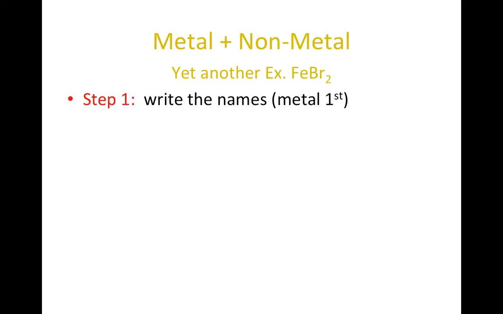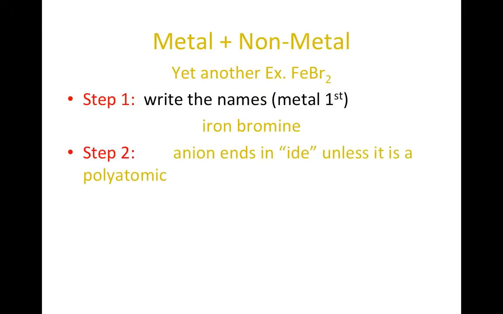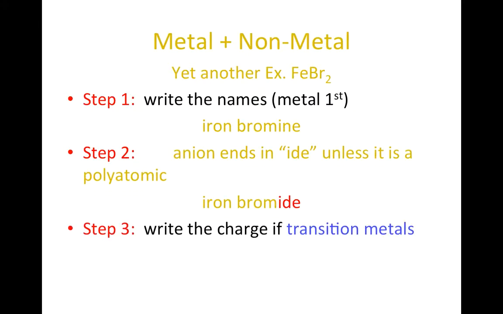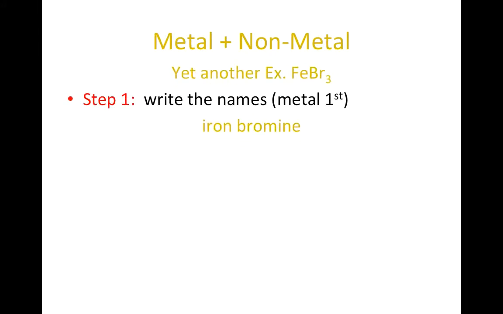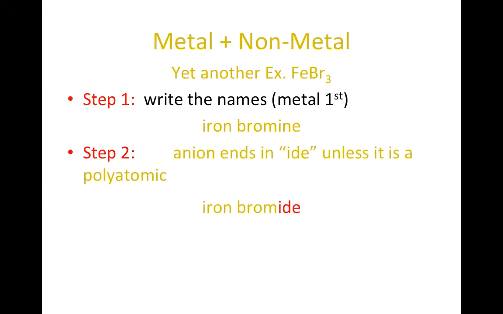Just to work that one out, FeBr2, iron bromine becomes iron bromide. You need the charge. You know bromide is -1. There are 2 of them. That's a total -2 for the bromides. Iron must be +2. Okay, just a nice, simple, straightforward way. Iron bromine becomes iron bromide because you just end it in IDE.